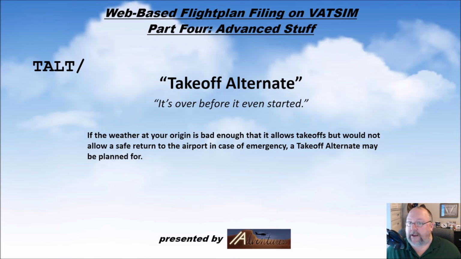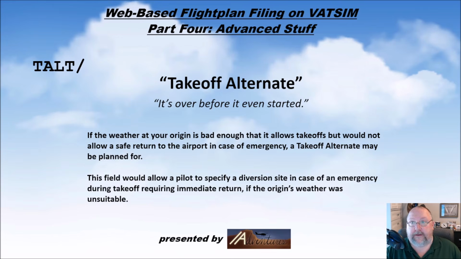But the weather at my airport was bad enough that I was legal to take off, but I'm not legal to land. Well, this is where you might specify a takeoff alternate, a very nearby airport that's got runways of sufficient length that you can land safely and that have weather sufficient for you to make that approach and land safely. So this is where you would specify your takeoff alternate in the event that you're departing from somewhere where there's really, really bad weather.